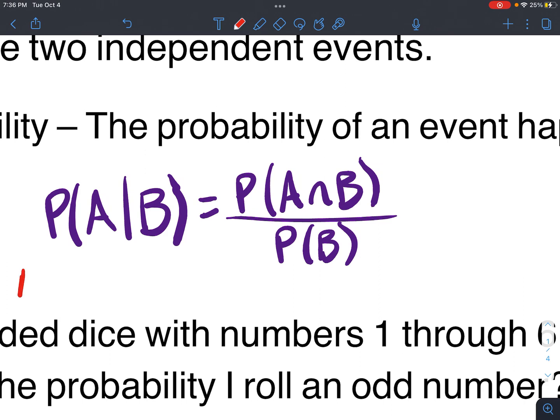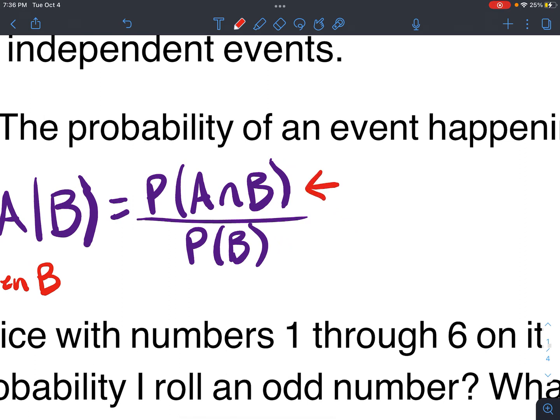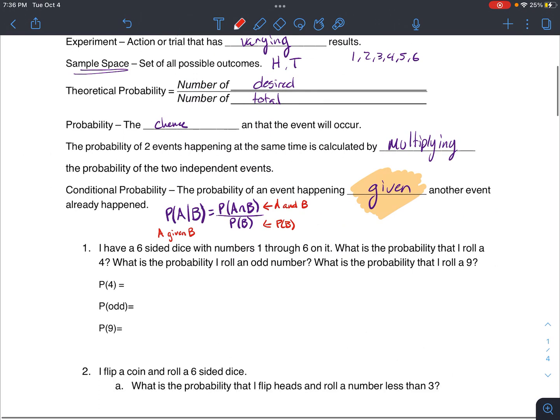So this is A given B. This is A and B. And this is just the probability of B. So that's very important to note.